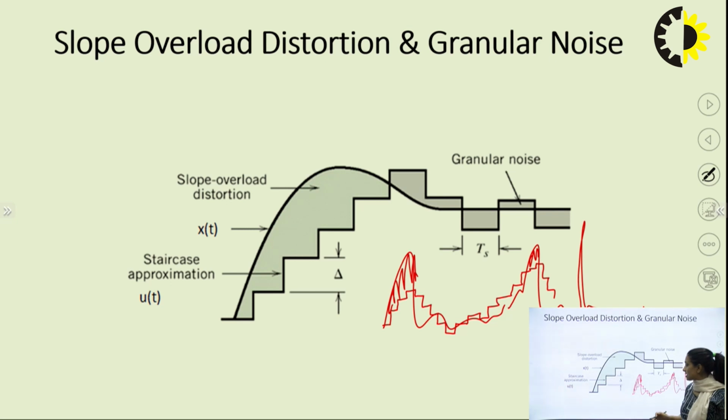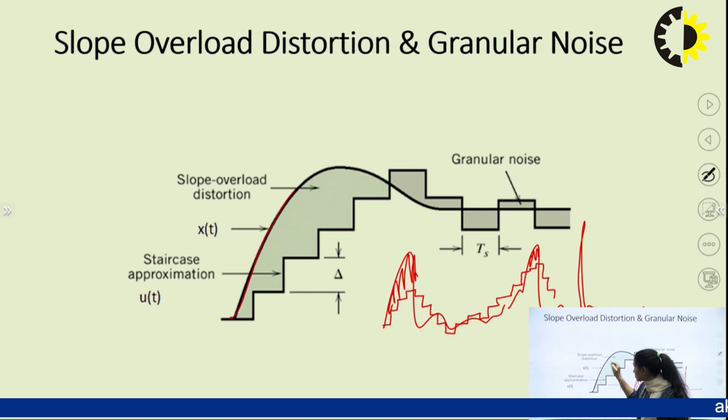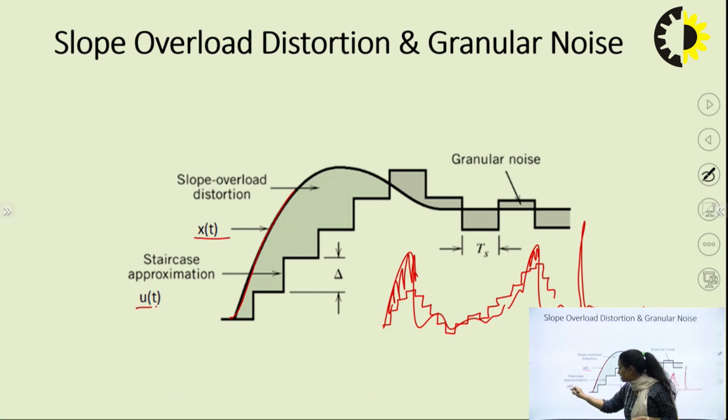So in such a case, when the slope of my input signal is too large as compared to the step size delta, then I'm going to get the noise which is called slope overload distortion. So here I am representing my analog signal with x(t), and I'm representing my staircase approximation with u(t).